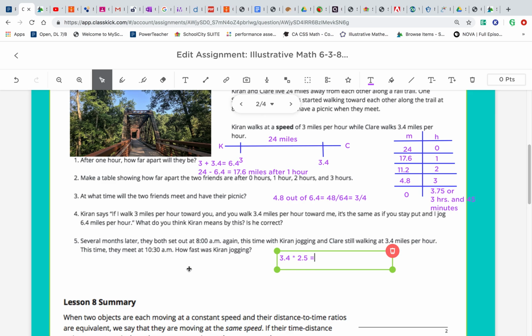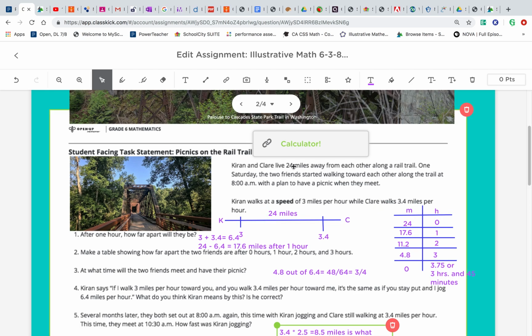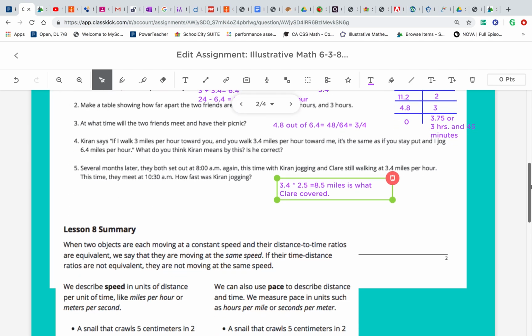Okay, so we know that 8.5 miles is what Claire covered. So, well, how much did Kieran cover? Because how far apart were they again? They were 24 miles apart. So if Claire covered 8.5 miles, we need to see how much Kieran covered.